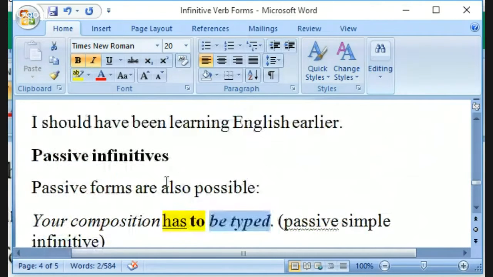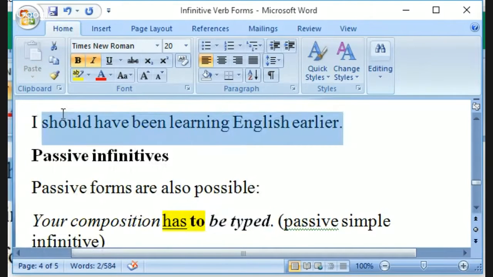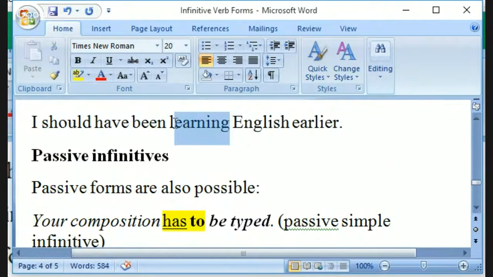Oh, well, okay, so there you go. I'm wrong. So when I was saying I should have been learning, this has to be considered. Does it? No, I was right. It could be, no, it couldn't, could it? Okay. Yes.